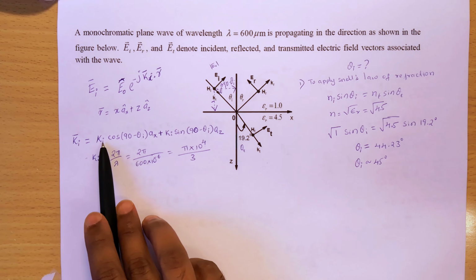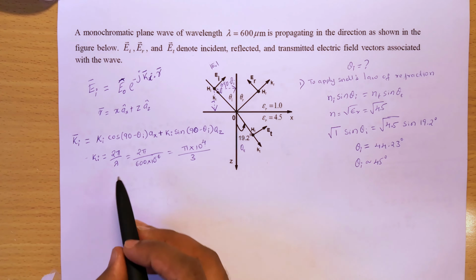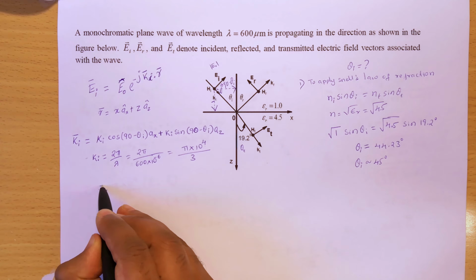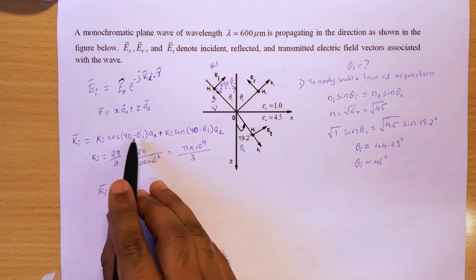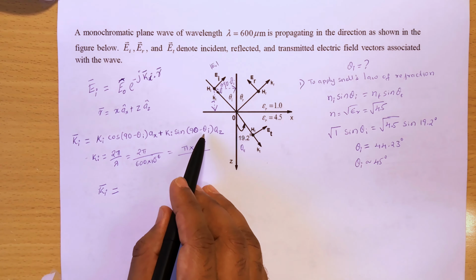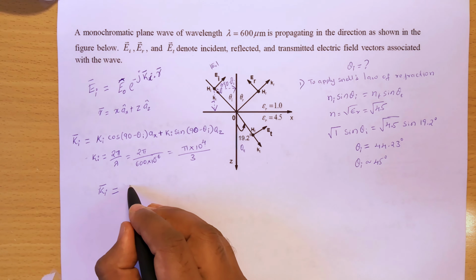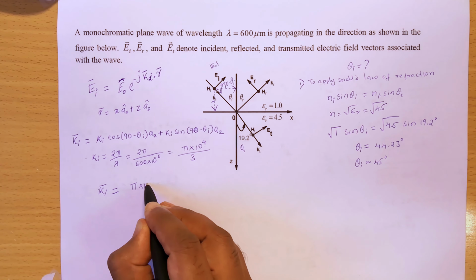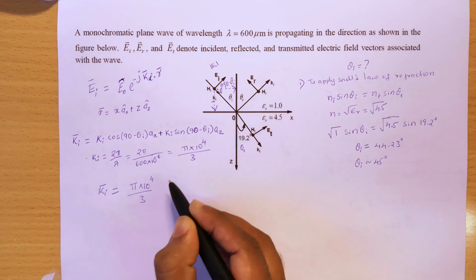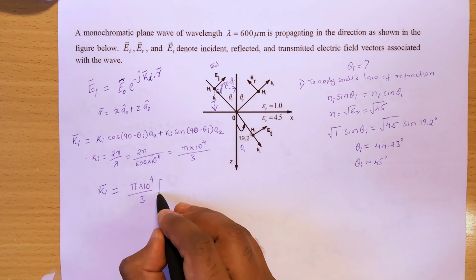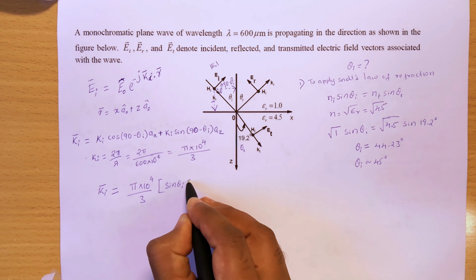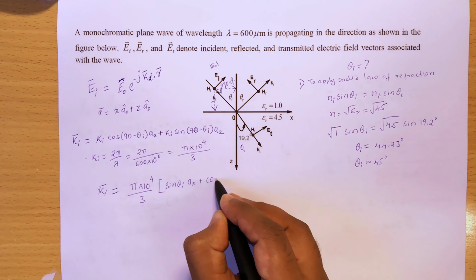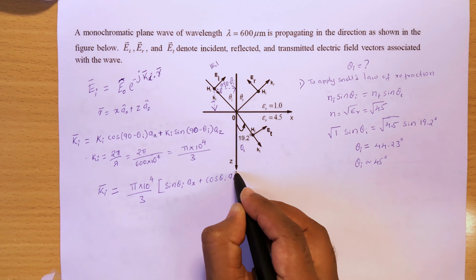Then you solve for Ki, and we can get the wave vector as Ki is already known here, and cos of 90 minus theta I and sin of 90 minus theta I can be rewritten. Ki is just pi into 10 raised to 4 by 3, and let's put a bracket here, and this is sin theta I Ax plus cos theta I Az.